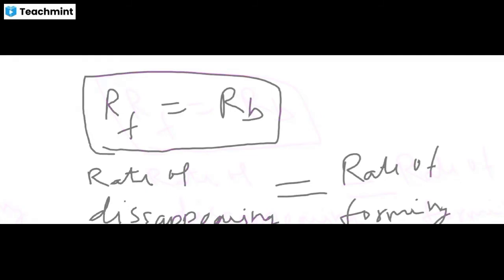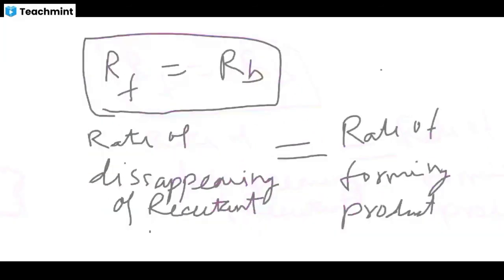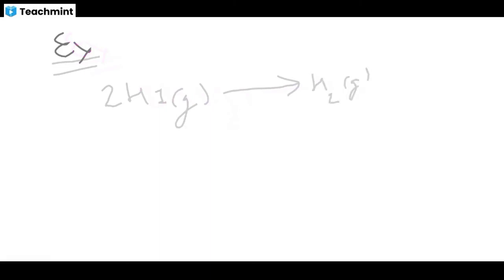Similarly, suppose we take another example: 2HI gaseous gives H2 gaseous plus I2 gaseous.